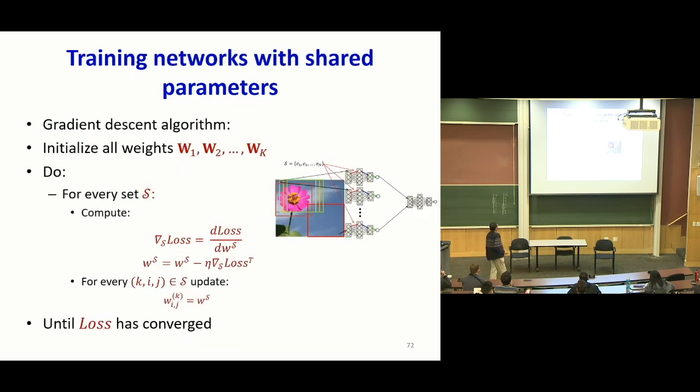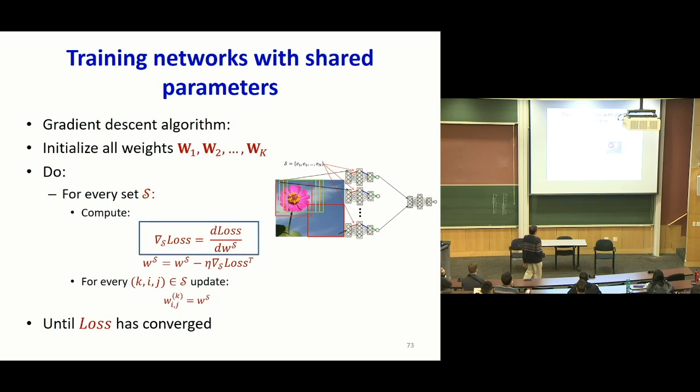And so the overall gradient descent algorithm with shared parameters is going to be something like this. For every set S, which has many shared parameters, I'll be computing the derivative of the loss with respect to that common value for the set. And then gradient descent is going to operate on the common value for the set.